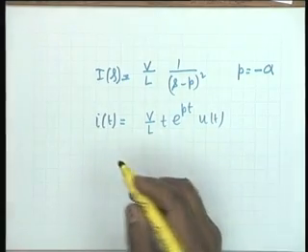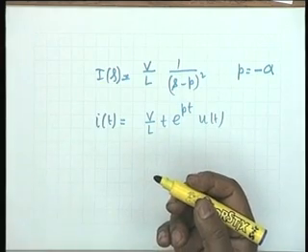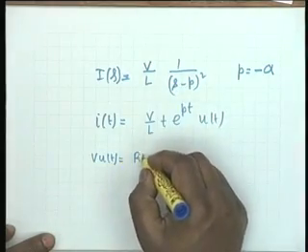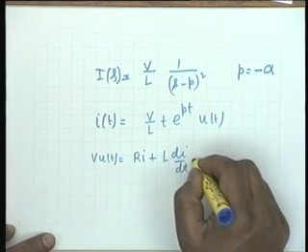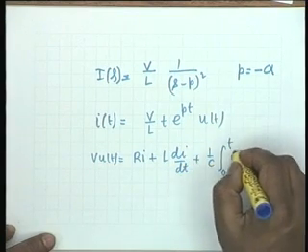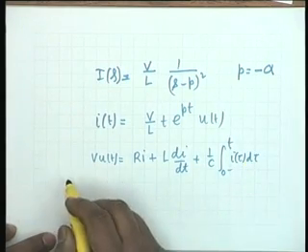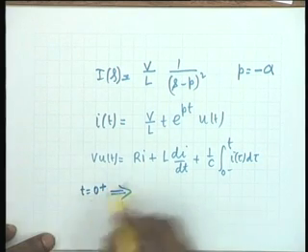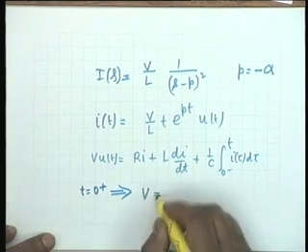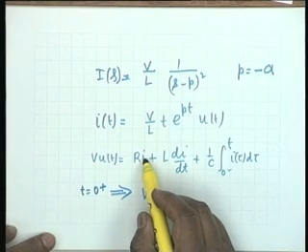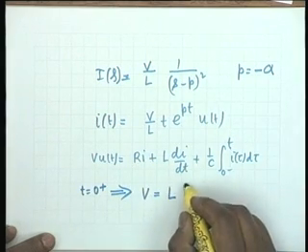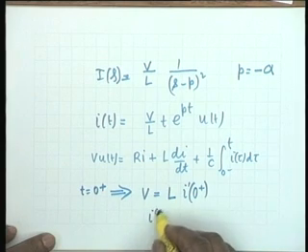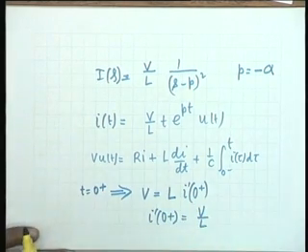Well, if you write the original differential equation, V u of t equals R i plus L di/dt plus 1 over C integral from 0 minus to t of i of tau d tau, and put here t equal to 0 plus, then the left hand side becomes V, and I of 0 plus is equal to 0, therefore V equals L I prime of 0 plus, and the integral quantity is 0, and therefore I prime of 0 plus is equal to V by L. Is the point clear?